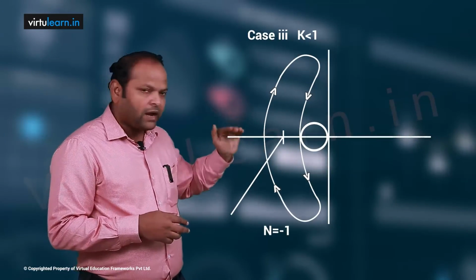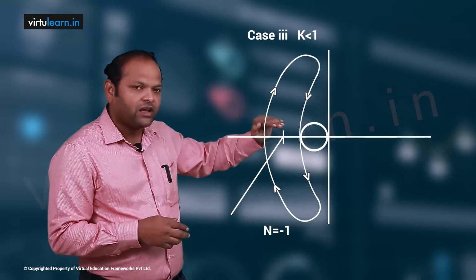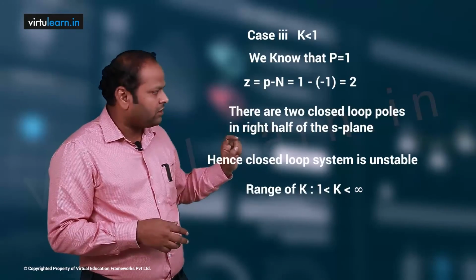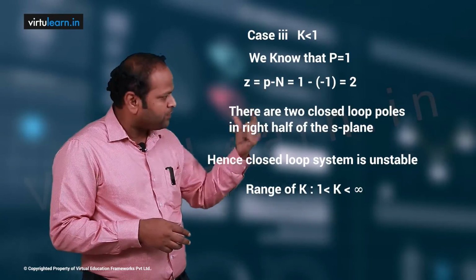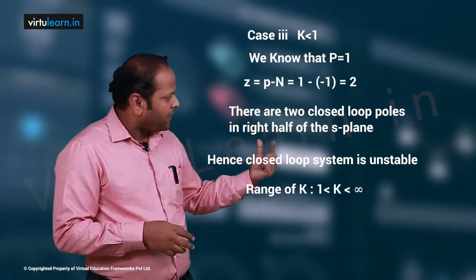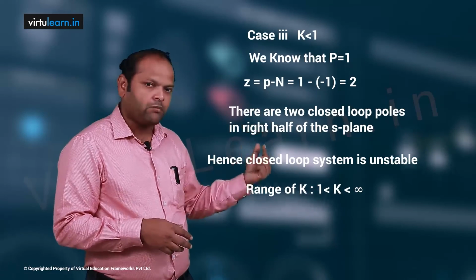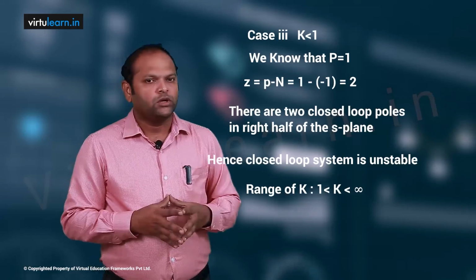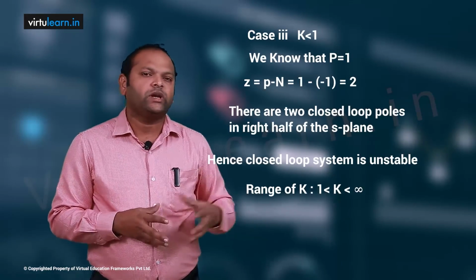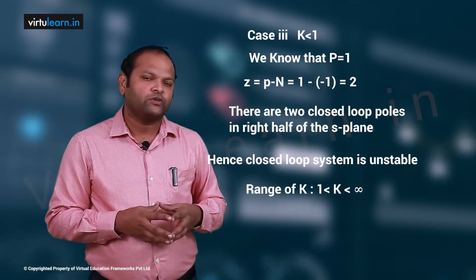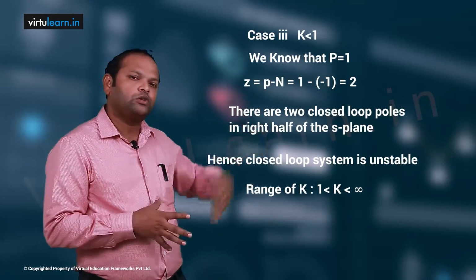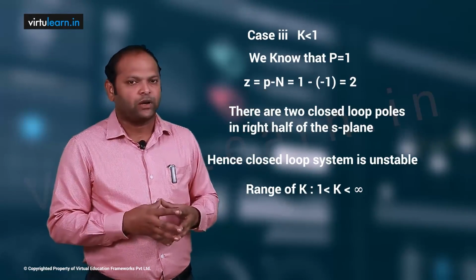So N is equal to minus 1 from this figure when K is less than 1, and we know that P is already 1. The formula gives Z is equal to P minus N. So P is 1 minus of minus 1. So 1 plus 1 is going to be 2. So Z is 2. Z is 2 indicates there are two closed loop poles lying in the right half of the S plane. So when K is less than 1, the closed loop system is going to be unstable.